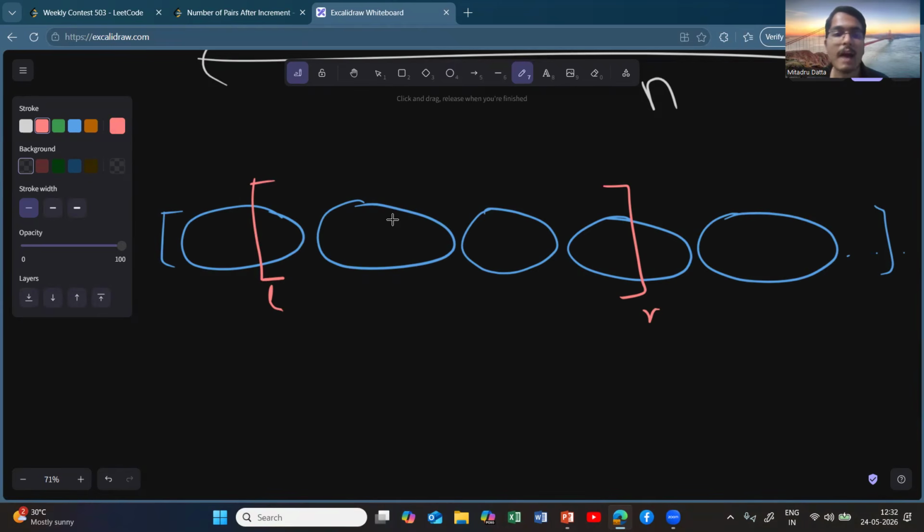You will have a blocks array also, block 1, block 2, where everywhere it stores how much value we are adding.